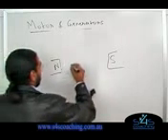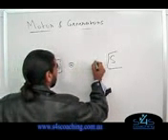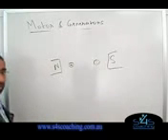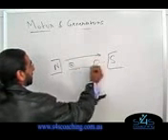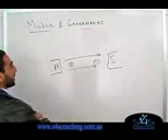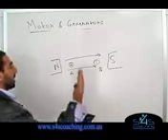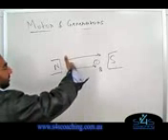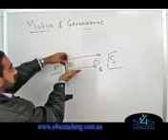Essentially my current is going into the page over here and my current is coming out of the page from here. Using my right hand rule, magnetic fields go from north to south. Looking at this side, which is side A, and this side, which is side B, current is going in, the magnetic field is going to the right, so the force on this side is going to be up.